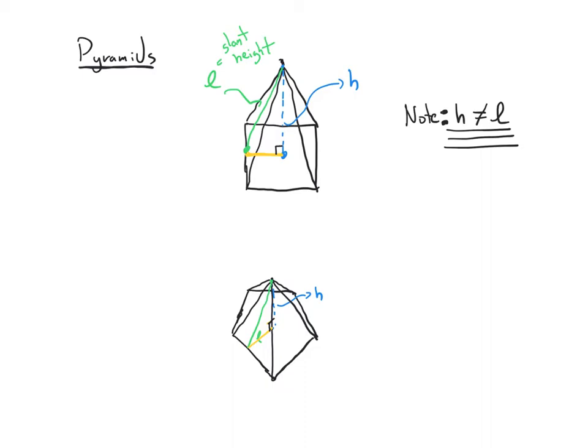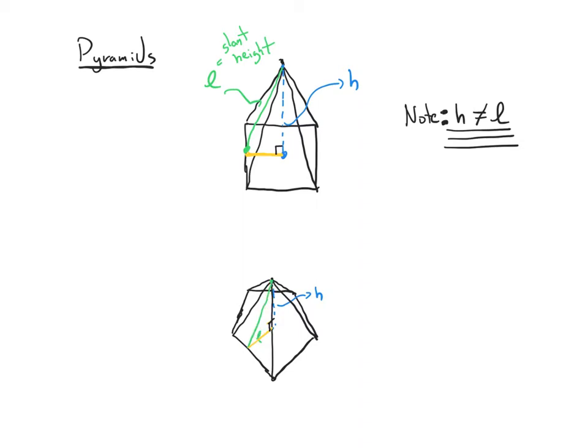So here's an example of a square pyramid that I drew with a height and a slant height. And I tried to draw a regular pentagonal pyramid, and this one has a really short height. It's not particularly tall. But I did that for a reason.